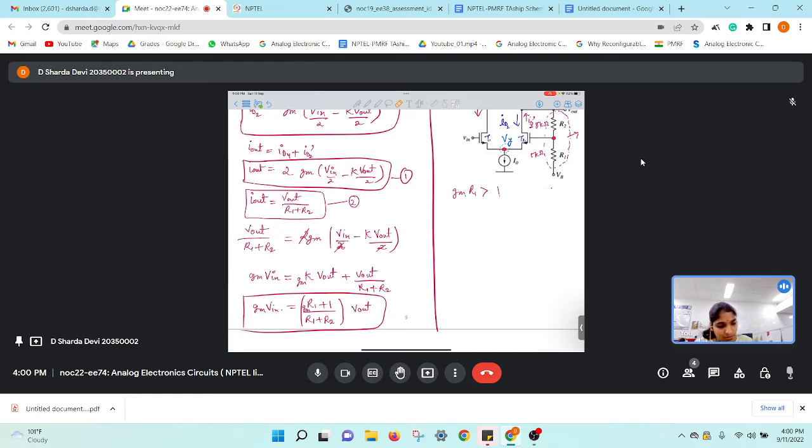So what will happen? GMVN will be GMR1 by R1 plus R2, GM cancelled. So we have V out by Vn to be 1 plus R2 by R1. So what is this that we got? What is this expression?